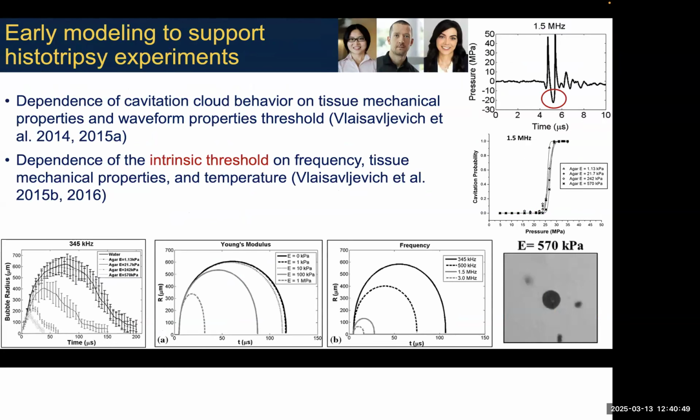For a long time, we ended up hitting a wall, so to speak, from a modeling standpoint. The pressure waveforms used in the experiments are something along the lines of what you see here on the top right. This is the pressure. I'll use the term measured. It's actually not measured, but maybe inferred, though it's pretty much measured at the focal region.